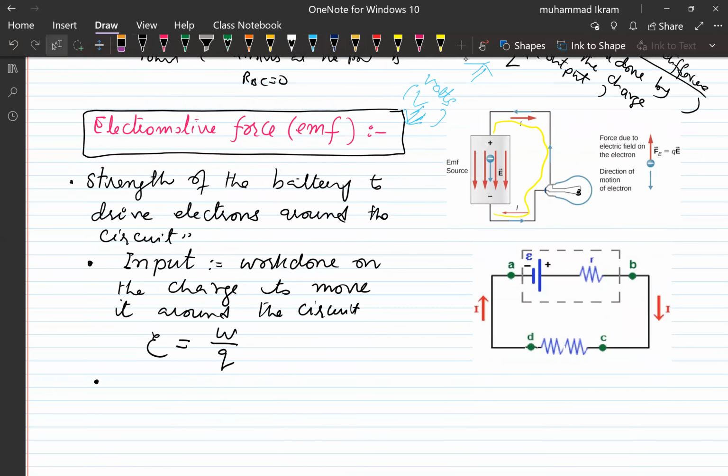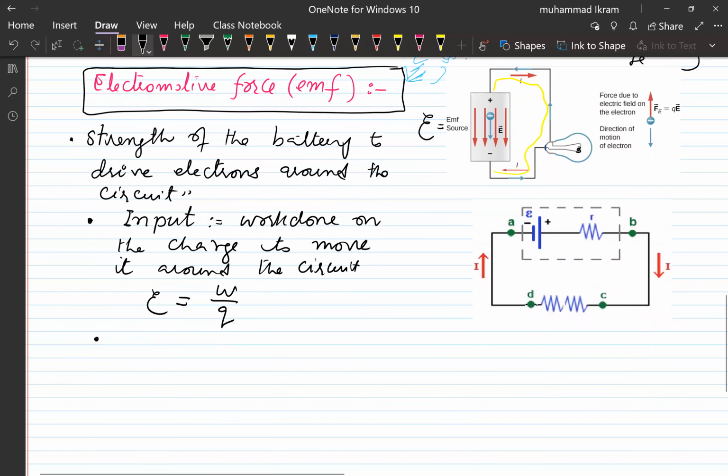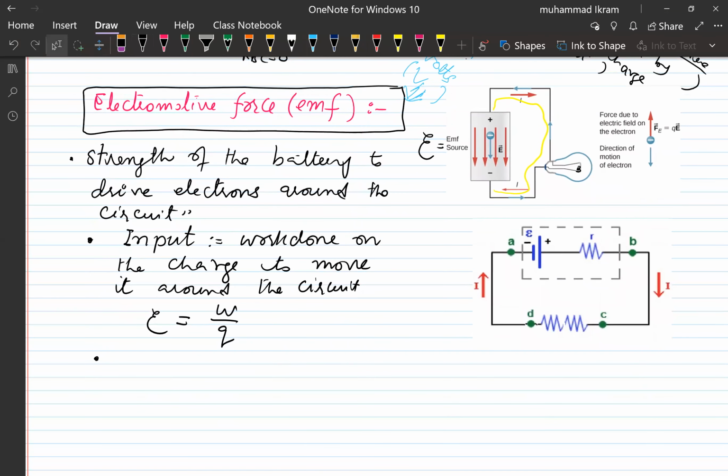Now, it is called the electromotive force because why? The battery sets up an electric field inside it, and the force due to this electric field causes the electrons to move in the direction opposite to the direction of the electric field. For this reason, it is called the electromotive force, right? So this is the phenomena of the electromotive force, measured in volts.